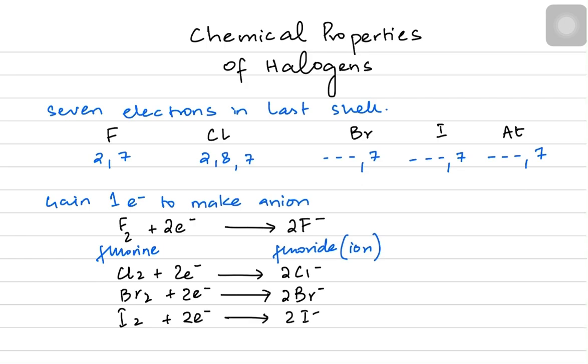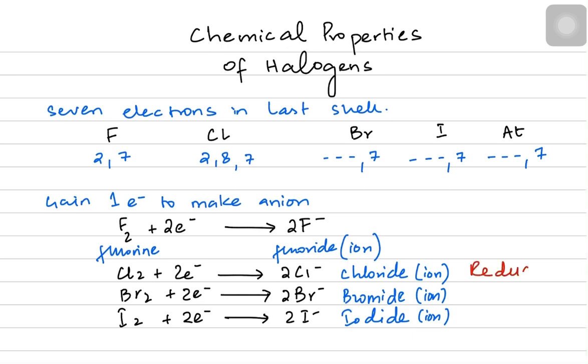Halide means that whatever the halogen is, it has IDE in the end. Chloride, bromide, iodide ions. In electrolysis, they will always go to the anode because they are negative ions. Remember, gaining an electron is reduction, so the halogens reduce themselves and make negative ions.